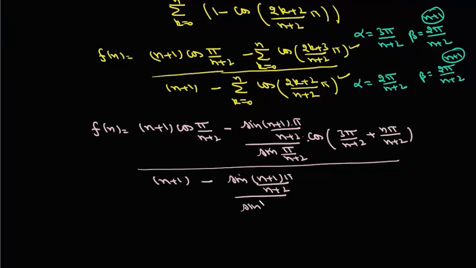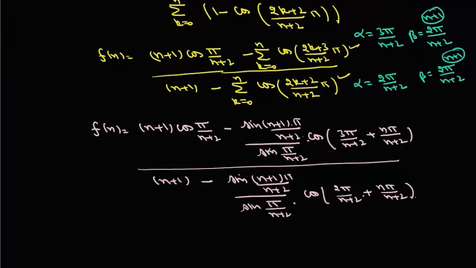It will be the same term because β is the same in both series, sin(π upon n+2), and then cos α here is 2π upon n+2 plus (n−1)β/2, which again is nπ upon n+2.